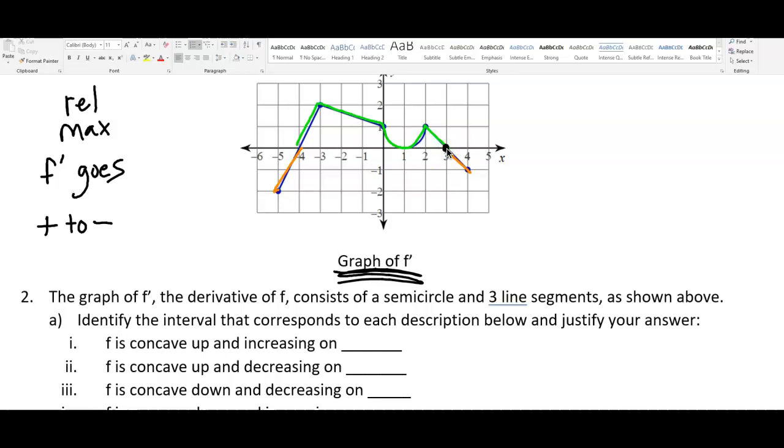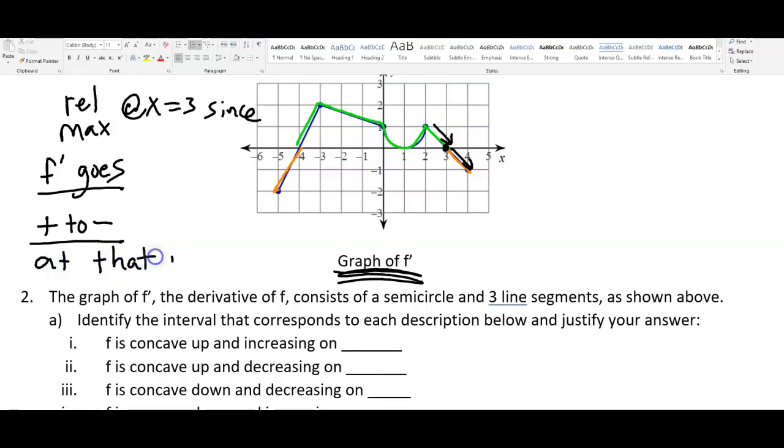At this point, we're going from green, which is positive, to negative. So at that point, we have a relative max. So we would say we have a relative max at x equals 3 since f prime goes from positive to negative at that point.